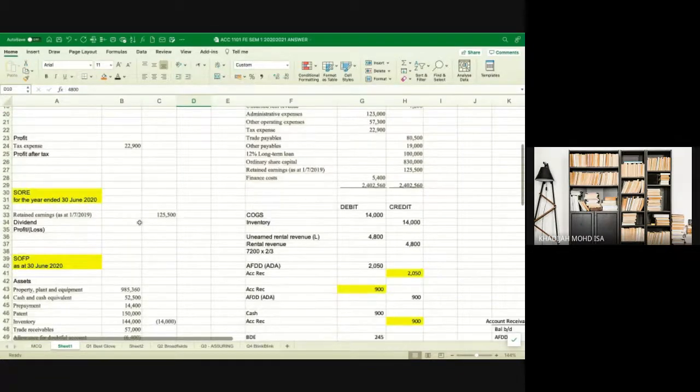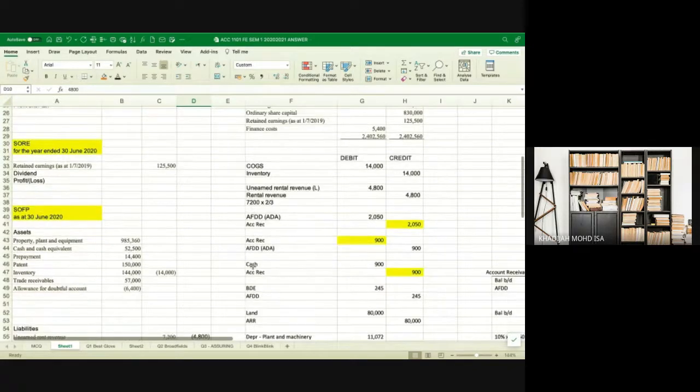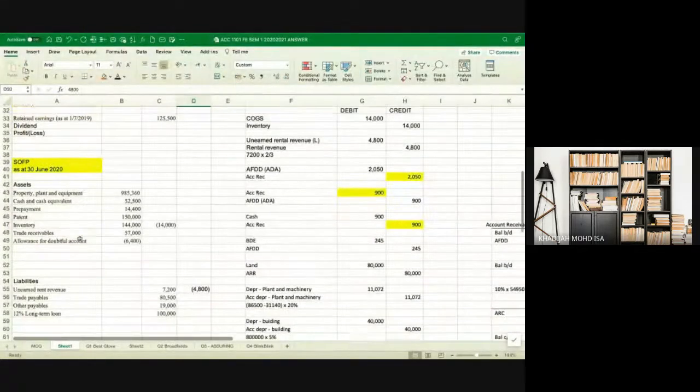The next one is your AFDD and account receivable. So where is your AFDD? AFDD is part of your soft AADD. So means that if it's a debit, means that you are going to plus 2,050, but your account receivable is a credit, means that you minus your accounts receivable.